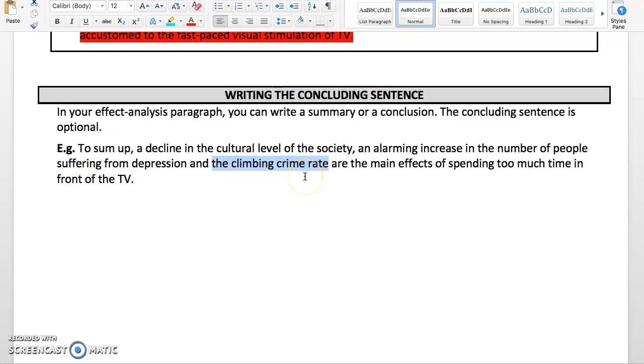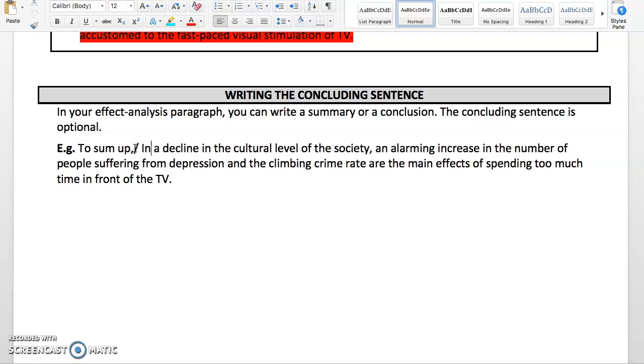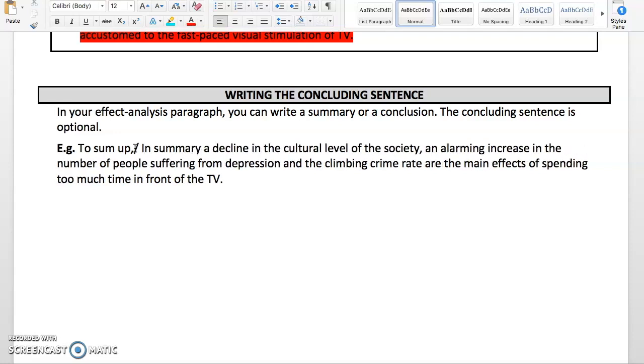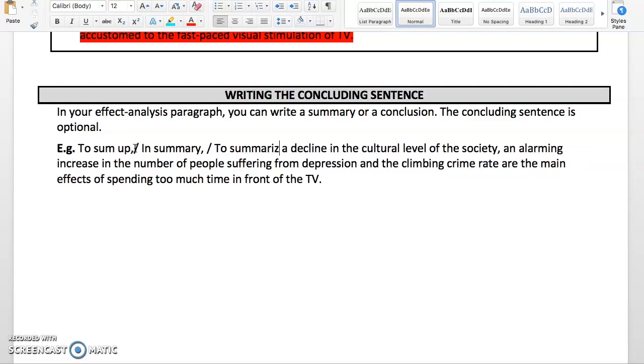Or you can have a shorter summary sentence and you can just say, to sum up, obesity has 3 main negative effects on people, for example. That's also acceptable. What linkers do we use to start a summary sentence? We can use to sum up, in summary, or what else do we have? To summarize, right? And I never forget my comma.